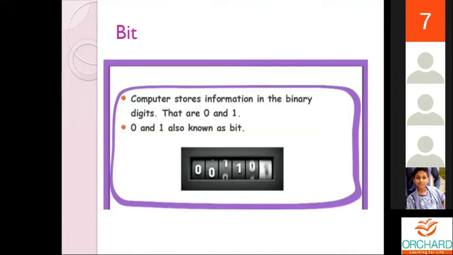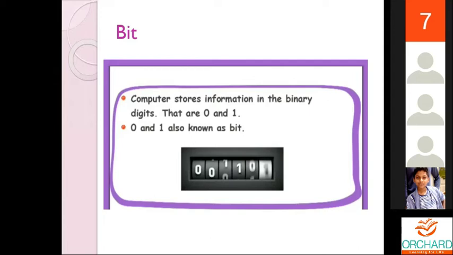Okay. See, the computer memory is made up of many ICs, that is integrated chips. These ICs are capable of storing small electrical signals. See, the presence of charge is represented as 1 and the absence of charge is represented as 0. I think you have studied this in physics. So these zeros and ones are known as bit.